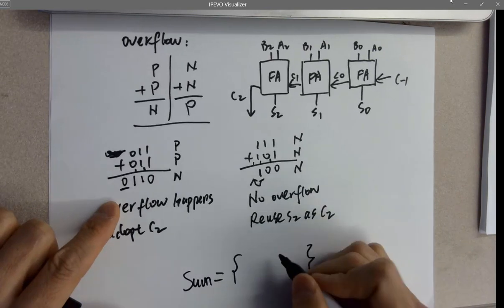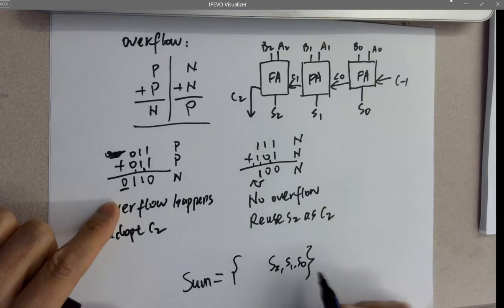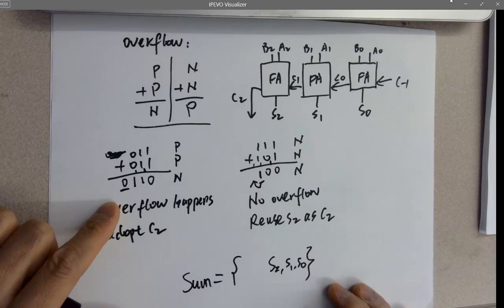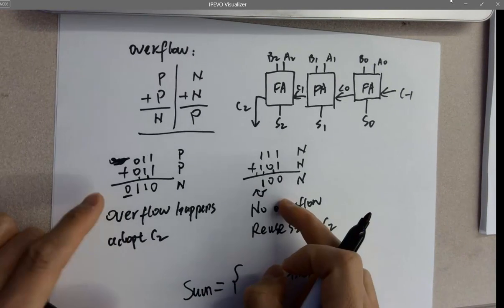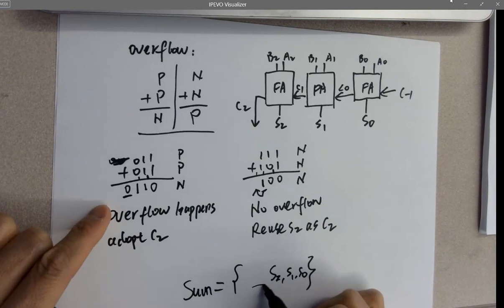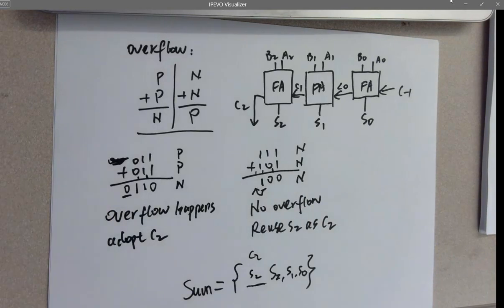So you can use S2, S1, S0 as the lower 3 bits. And now it depends on if you have an overflow or not. You can change the top bit to either C2 or S2 to output the final result anywhere. It can be the 7-segment display or the LED to display the lights.